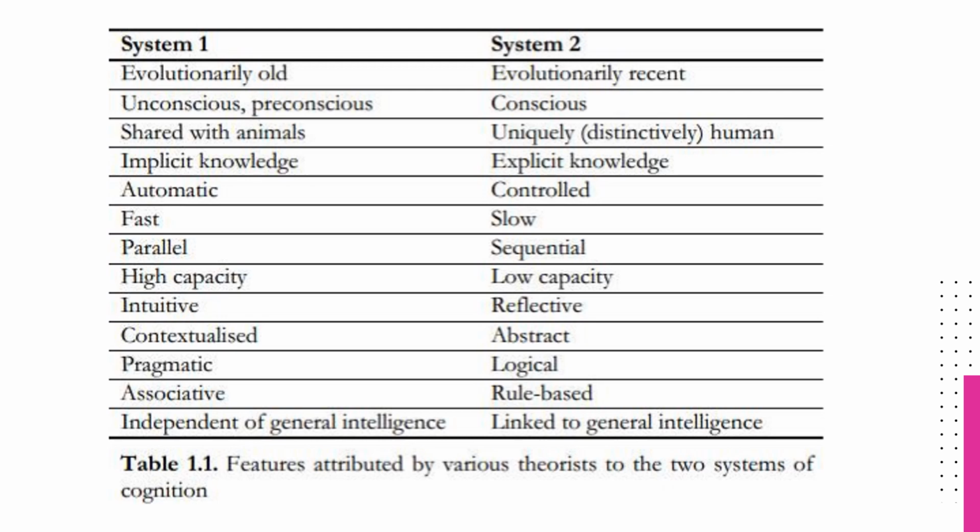So all these differences tell us about the way System 2 works: it's a decontextualized system, so it takes thoughts or ideas or things out of their context and looks at them in a rule-governed, conscious, sequential kind of way.